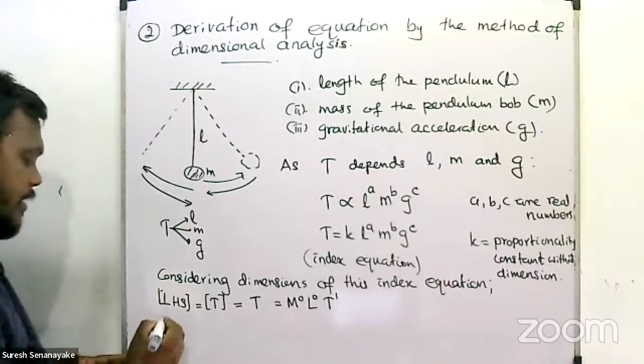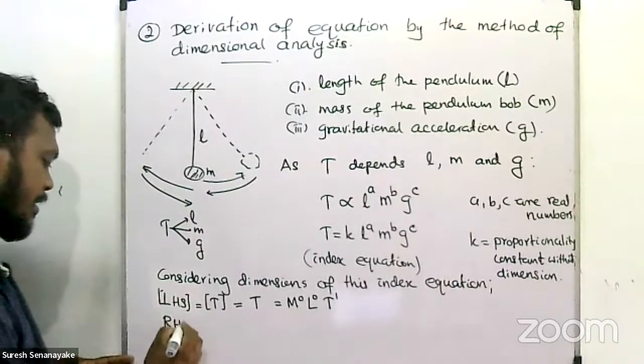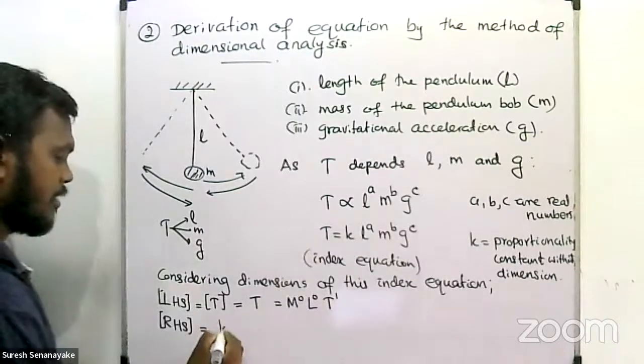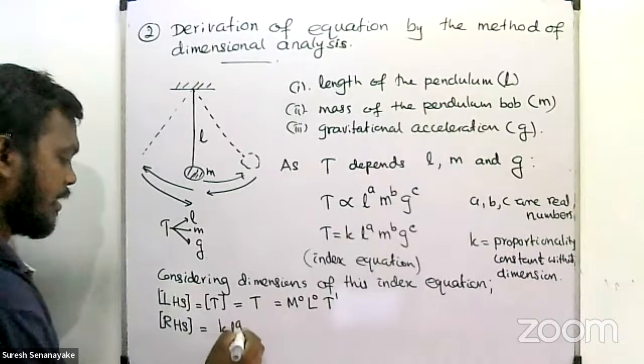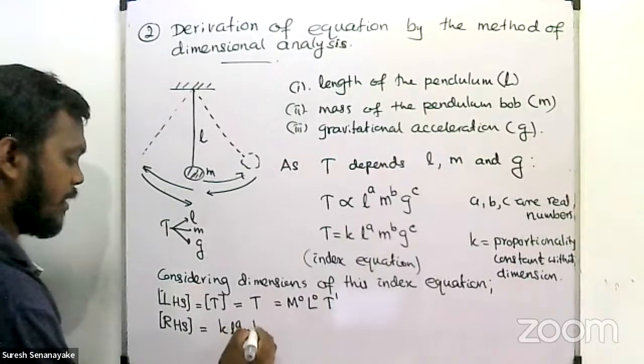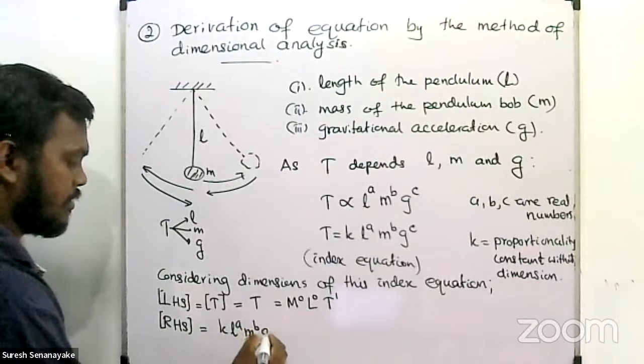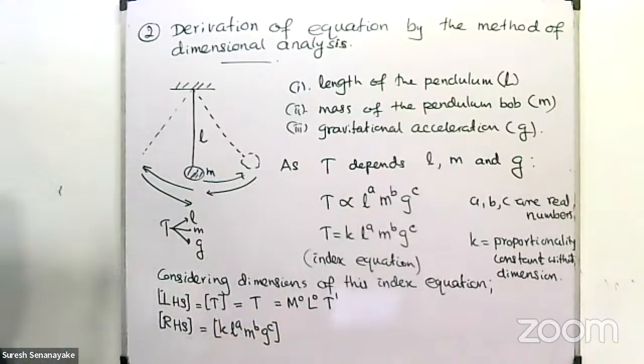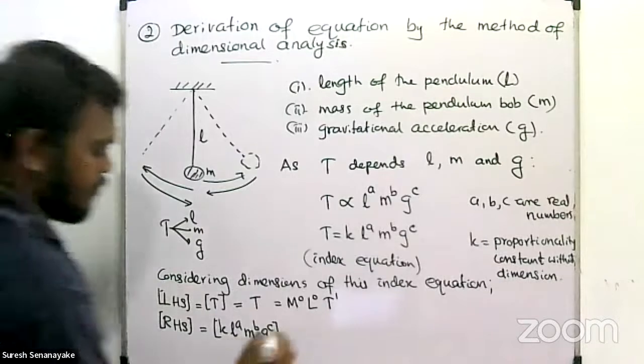And then consider the dimension of the right hand side. There are these terms: L to the A, M to the B, and G to the C. K is dimensionless. You don't need to consider it.